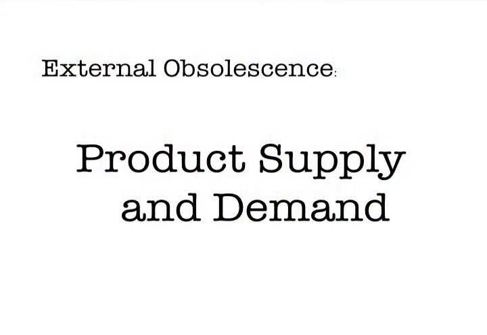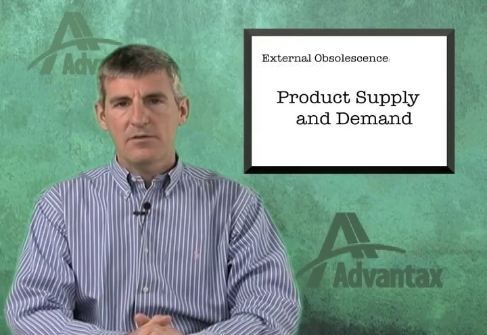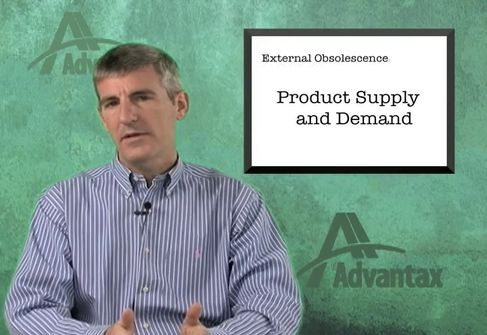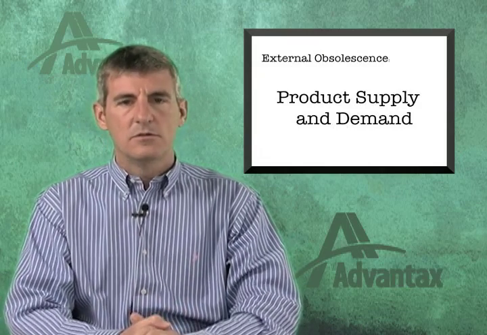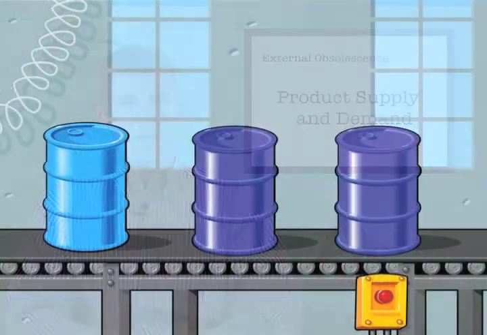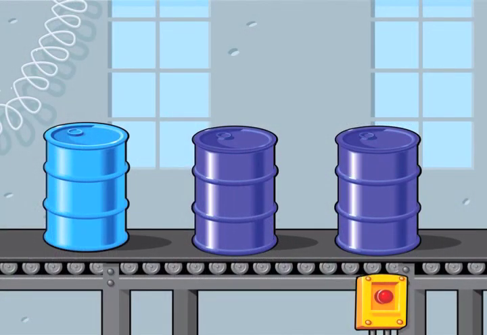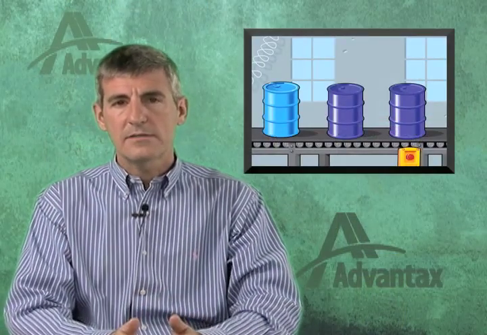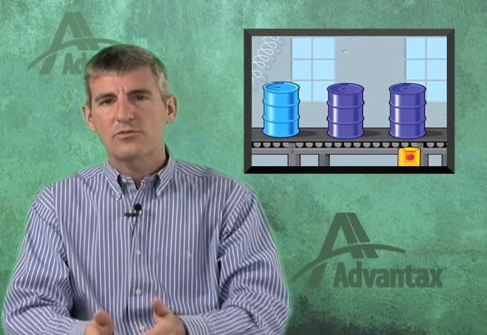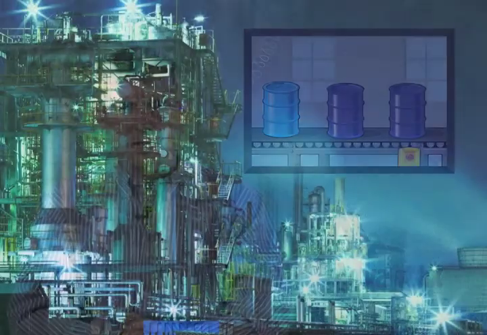Product supply and demand is another cause of external obsolescence. A sharp decline in demand for a product may cause the equipment and facilities used to produce that product to drop in value. For example, we worked with a chemical manufacturer who was experiencing this very thing. Their Chinese competitors were basically dumping the product in the U.S. for a price that was lower than the manufacturer's cost to produce the product.